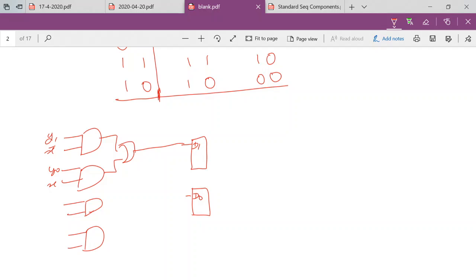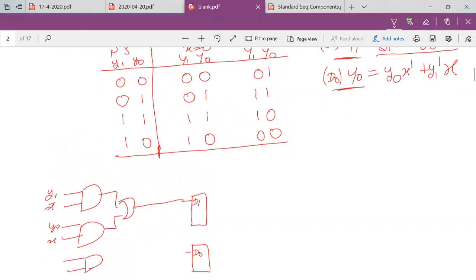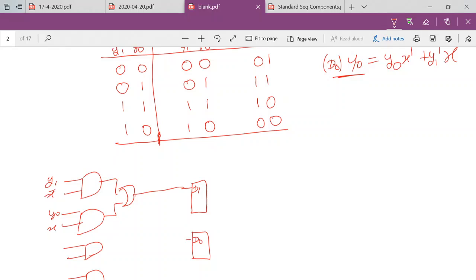Sorry, I'm going a bit fast here, so the drawing is not that good, but that does not matter right now. We want to understand the concept. If we have to draw the sequential system using the delay flip-flop, we have already done lots of practice, so I'm not going into much detail on how I'm drawing these circuits.